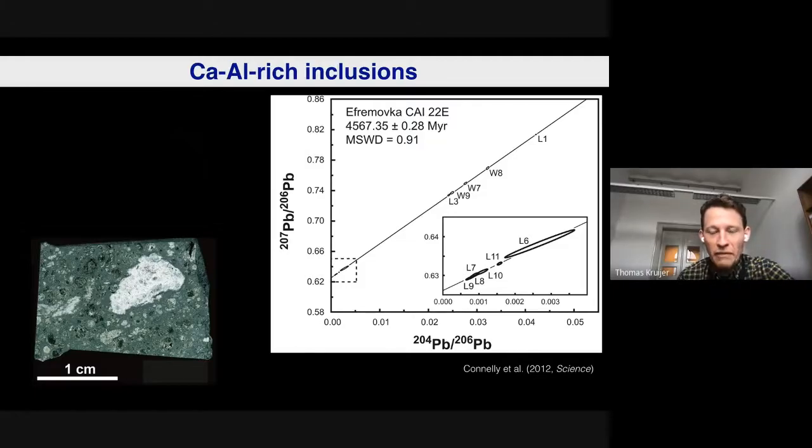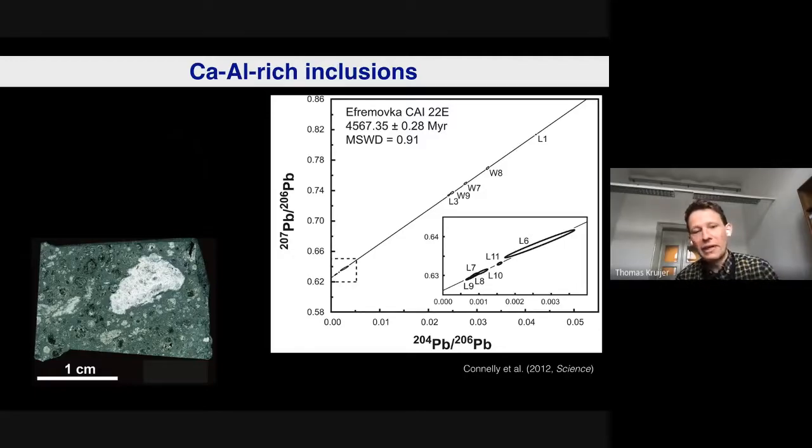And if you take some of these chondrites and look at them in detail, they contain components known as calcium-aluminum-rich inclusions. So here to the left, there's an image of such an inclusion, a white inclusion you see here. They're micrometer to centimeter size. And they consist of minerals that formed under very high temperature conditions.